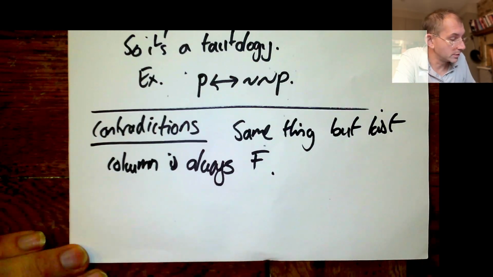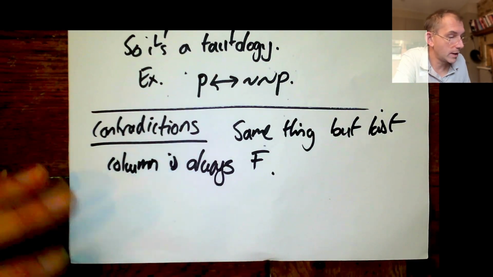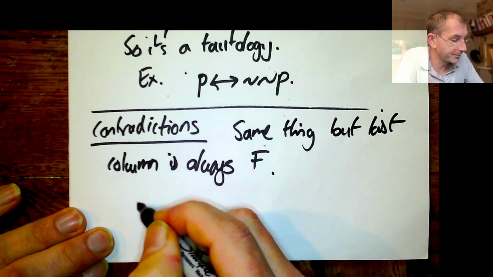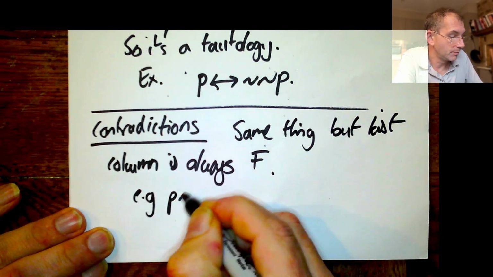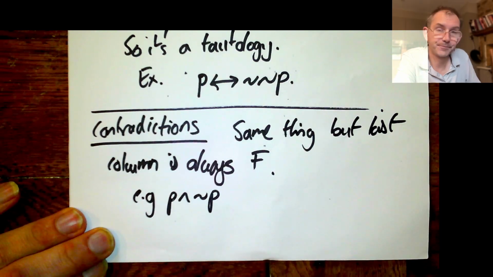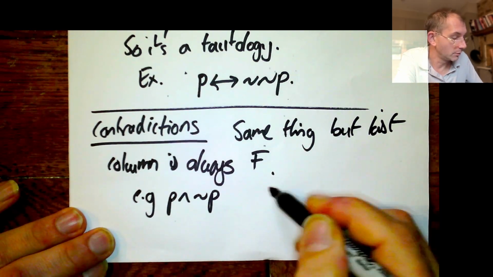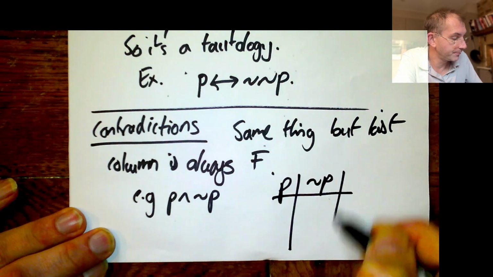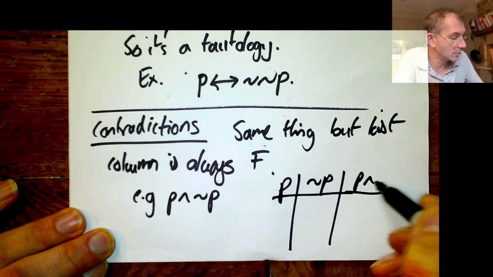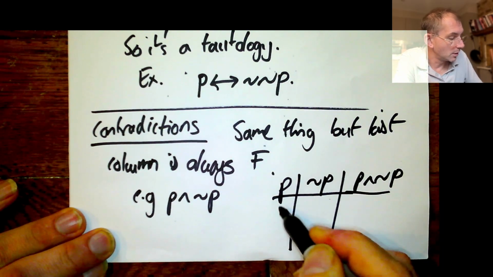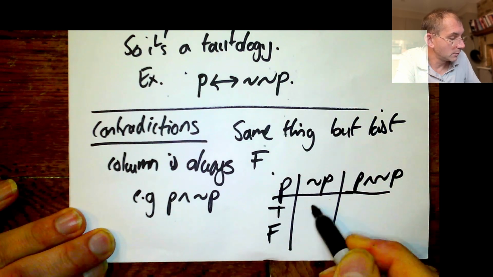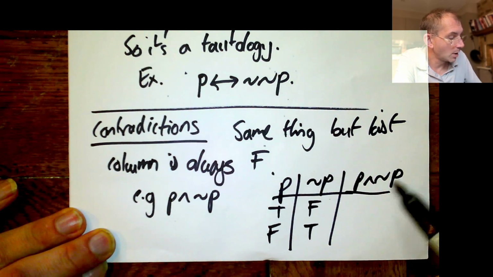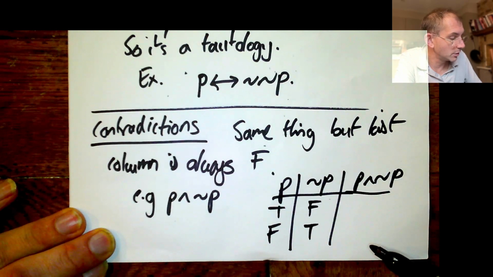So a good example, if we're doing like it's raining or it's not raining, well, what if we say it's raining and it's not raining? So P and not P. And we could write out the truth table for that. P, not P, and then P and not P. So we're going to get true, we're going to get false, we're going to get false and true, and then this is true when this and this are true.